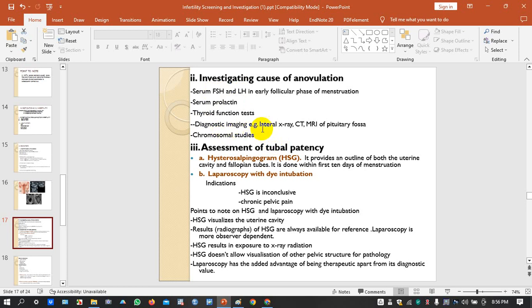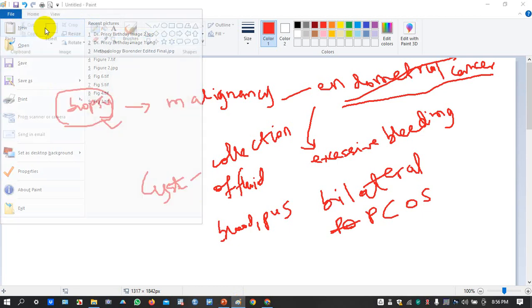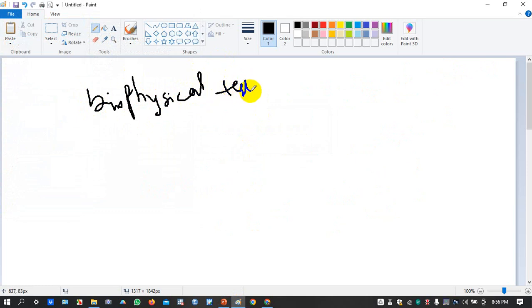So we can also diagnose by doing biophysical tests. That's physics and biology put together.